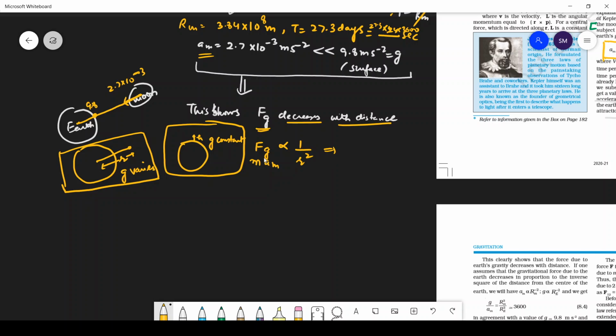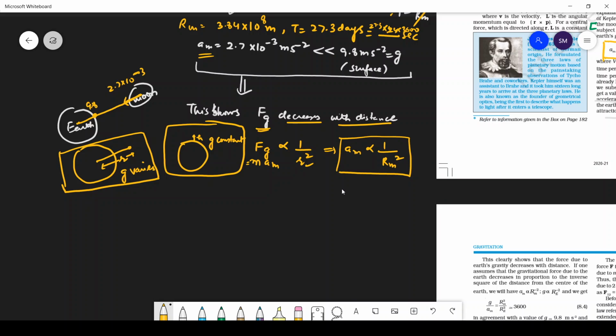So F is equal to m into am. m is constant, so it means am is directly proportional to 1 upon Rm squared. So am is in proportion to the inverse square of the moon's orbital radius, right?